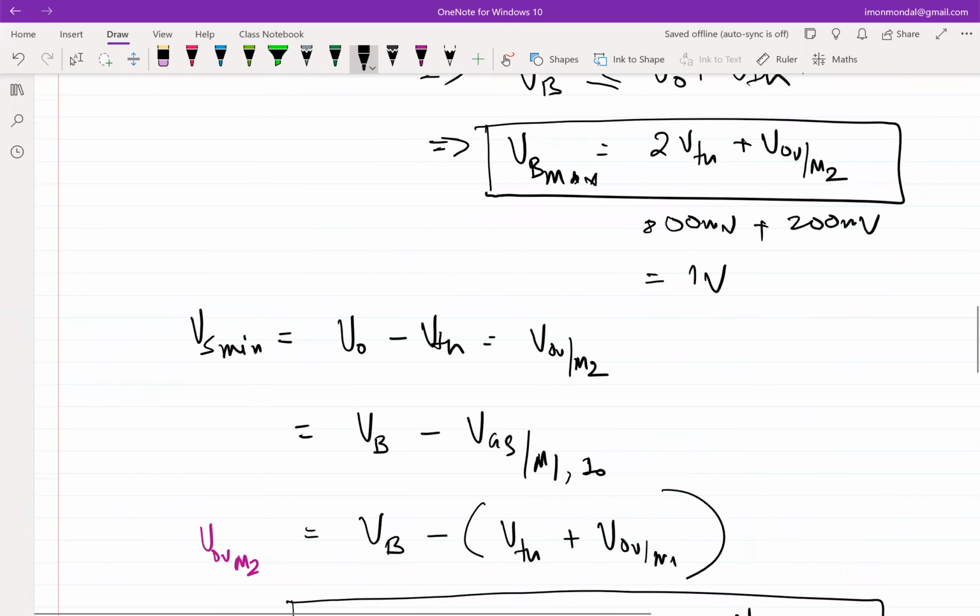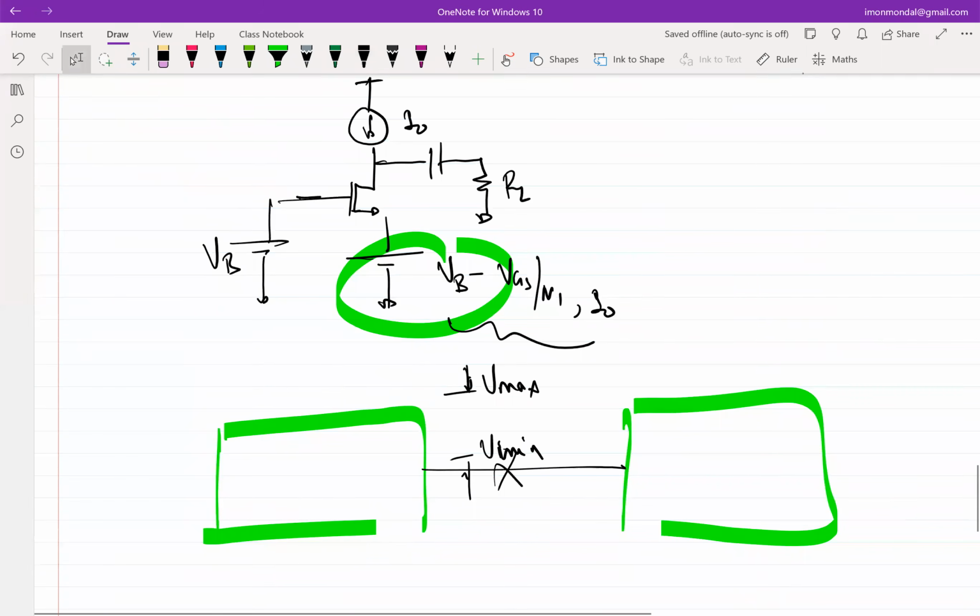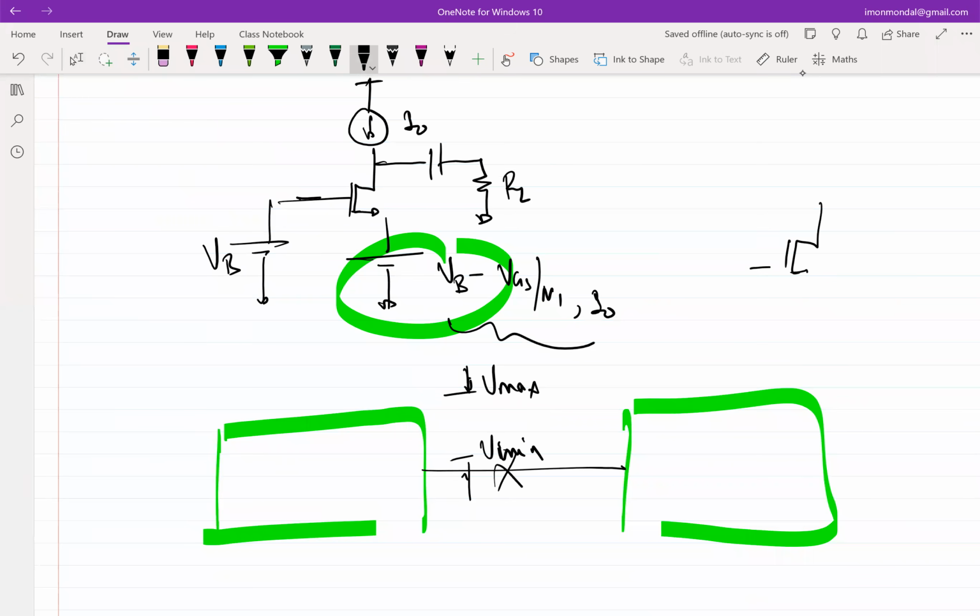If I quickly draw it, this is what you are getting into. Now the issue is that this has a different Vin and Vmax, and if these two don't match, then you will end up with a problem.